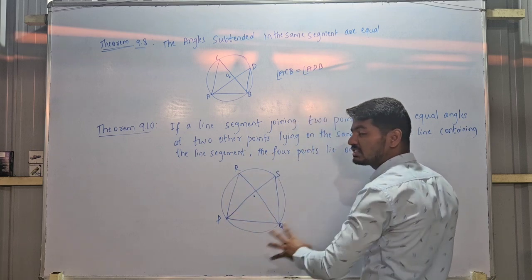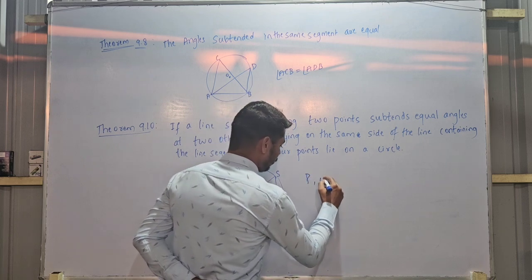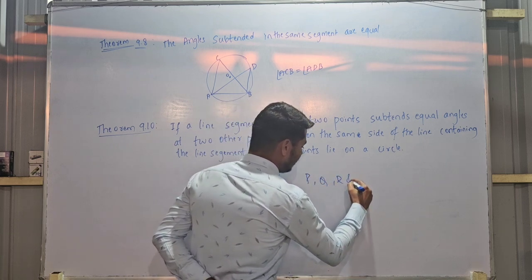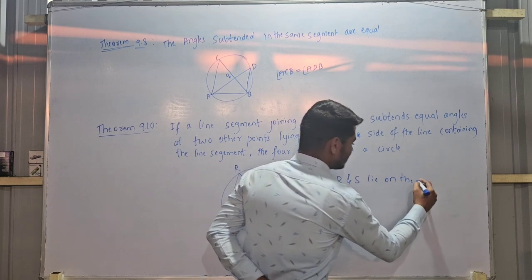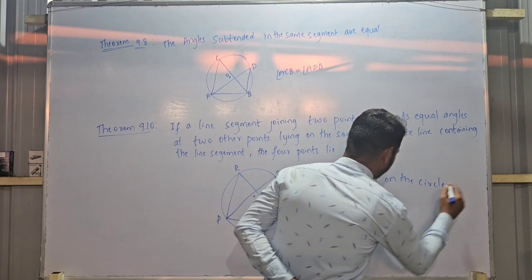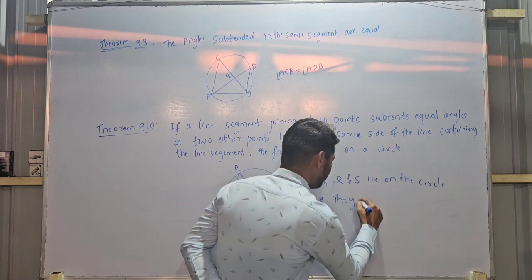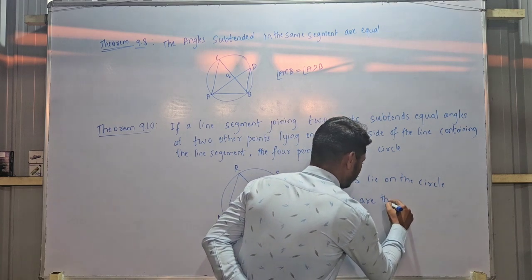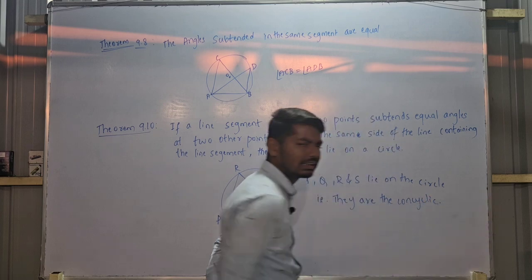So we call this concyclic: P, Q, R and S lie on the circle. They are concyclic.